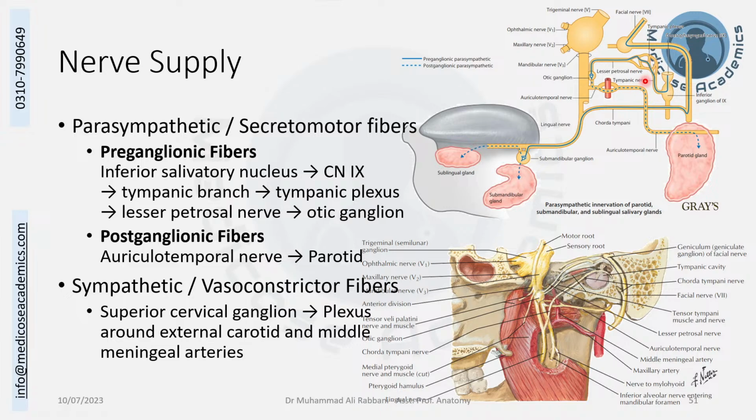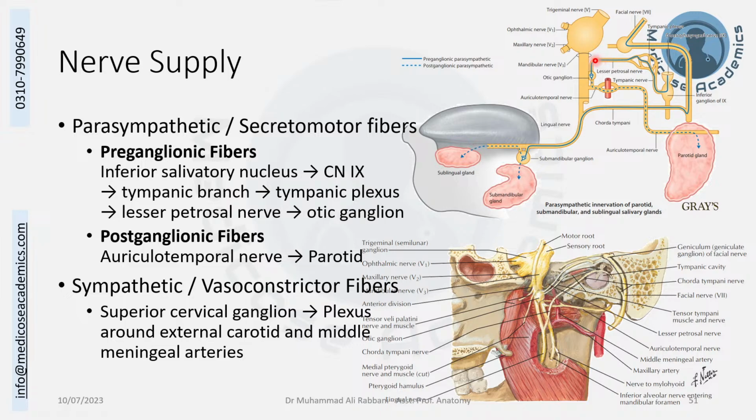I am having a little trouble recalling which foramen the tympanic nerve enters through, but it may click, and I will tell you. It enters the middle ear to supply the tympanic plexus. From the tympanic plexus, it exits as the lesser petrosal nerve that comes to the middle cranial fossa.